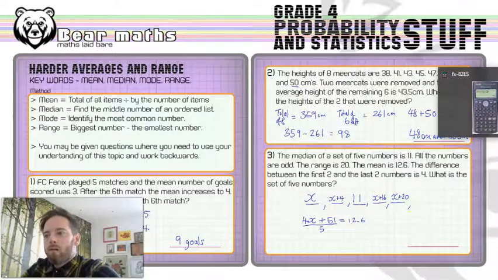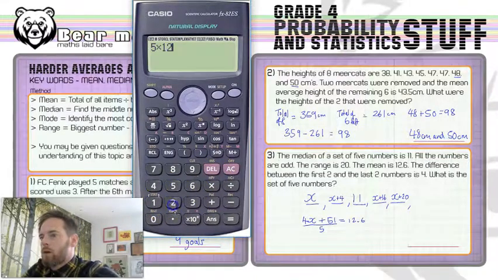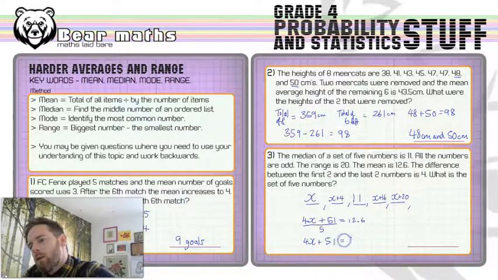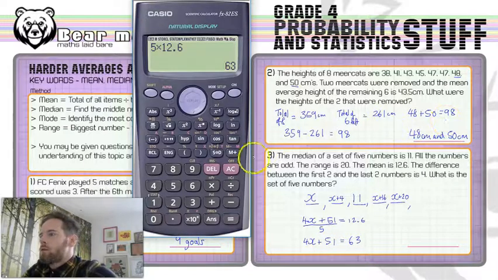What we do is we do 5 multiplied by 12.6, which should give us a whole number, which is 63. So 4x plus 51 equals 63. Take away the 51 from both sides.